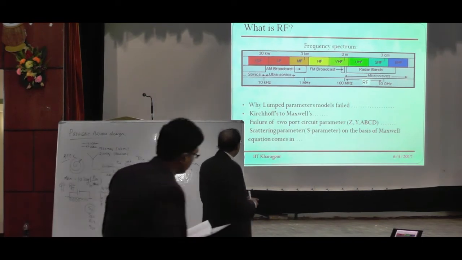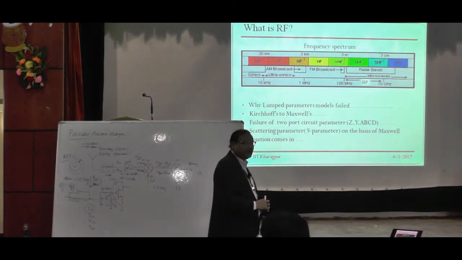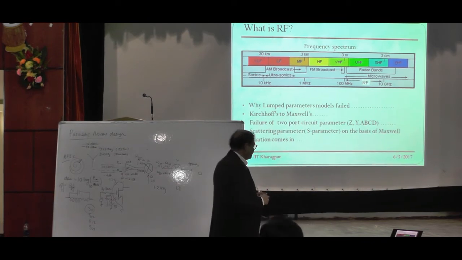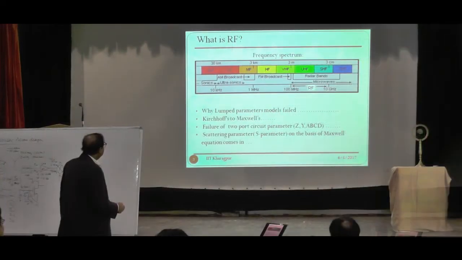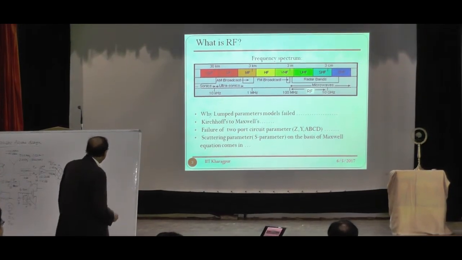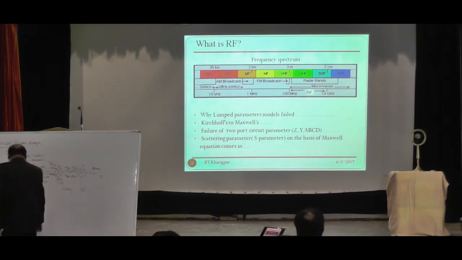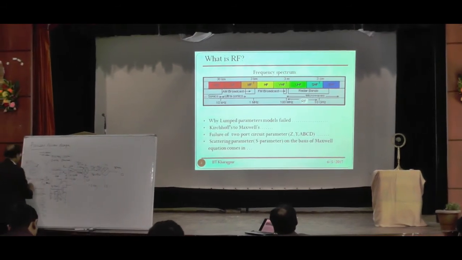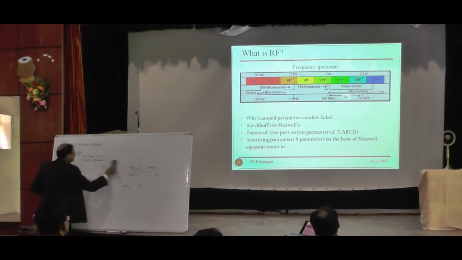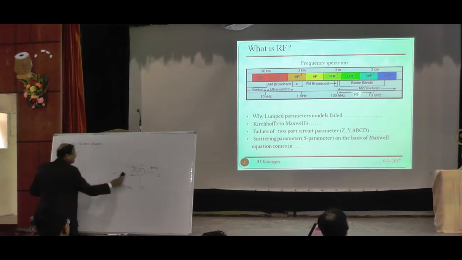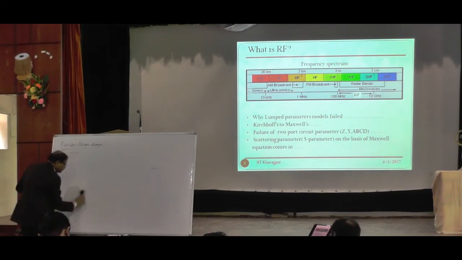If you look at here, the frequency starting from 100 megahertz to 10 gigahertz, that region is called the RF region. If you look at the wavelength, it is from 3 meters to 3 centimeters. What will happen in this case? Let us try to understand the phenomenon.